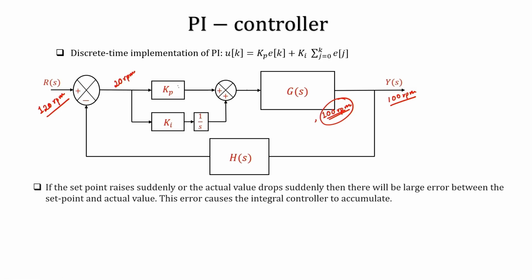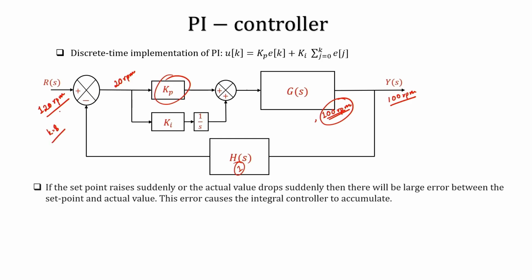Okay. Now for the P controller there is no problem. Kp will multiply with 20 and give you something. Again, I am considering this to be 1. Now think about the I part. The I part adds all the errors of the previous instances. So suppose at k equal to 8 you had an error of 20 RPM. At k equal to 9 also you will have an error of 20 RPM.